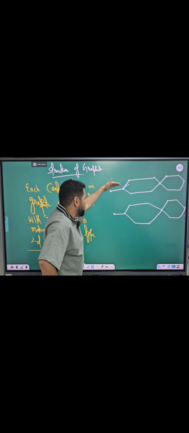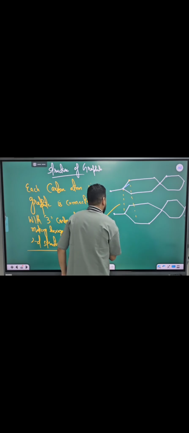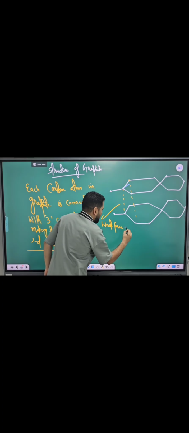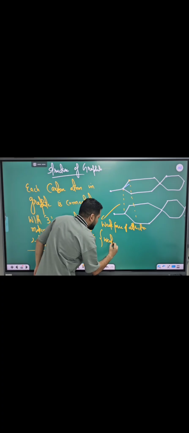Clear? And let me tell you, one hexagonal ring is connected with another hexagonal ring, and between them there is a weak force of attraction. This weak force of attraction is what we call weak van der Waals forces.